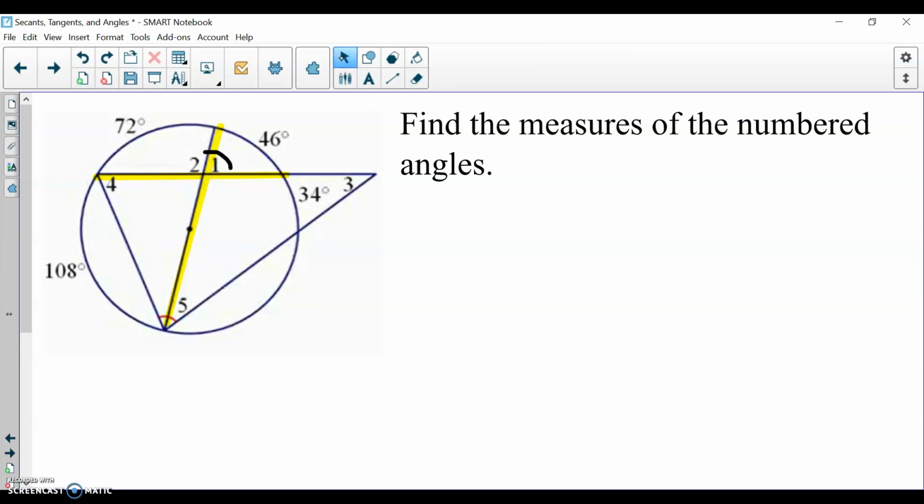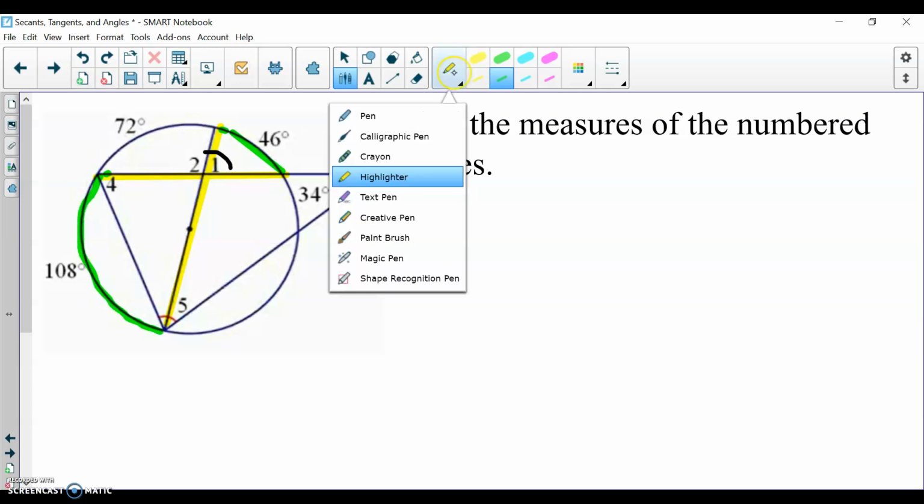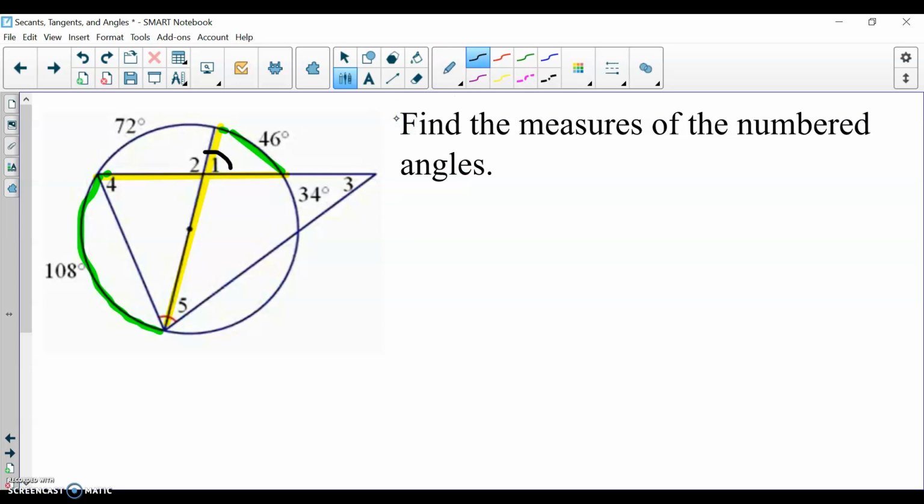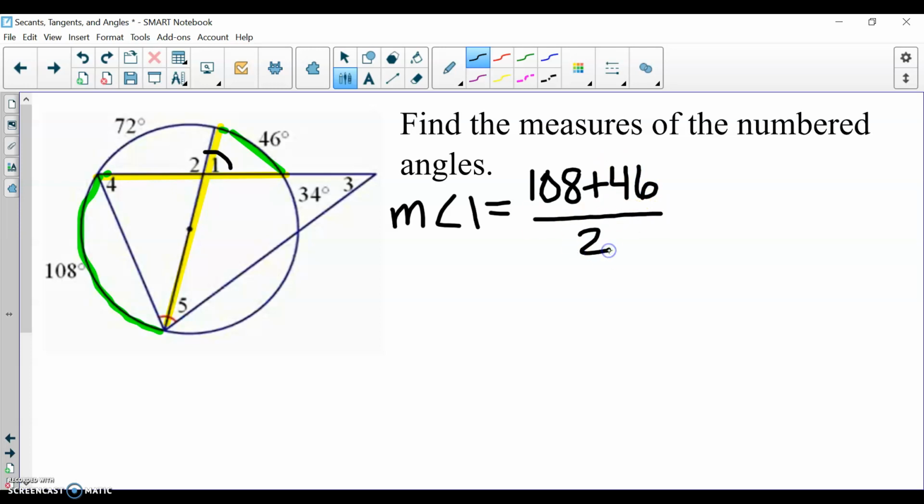So we go back to that first formula that talks about the chord with the two intercepted arcs. The intercepted arcs that we would relate back to angle 1 are the 46 degrees and the 108 degrees. So if we follow our formula for two arcs, the measure of angle 1 should be the sum of both arcs divided by 2.